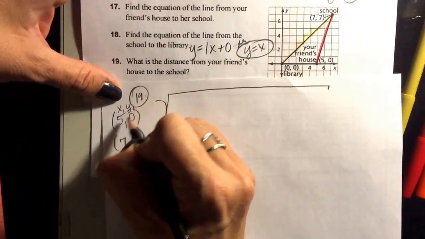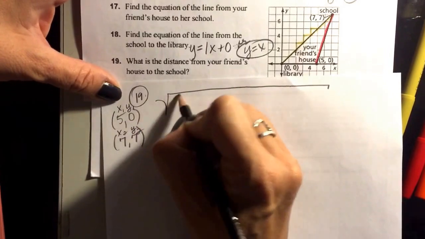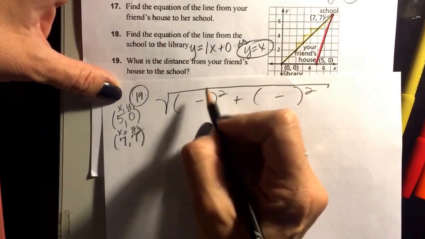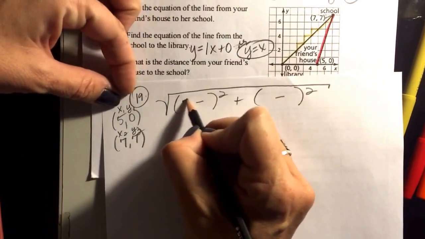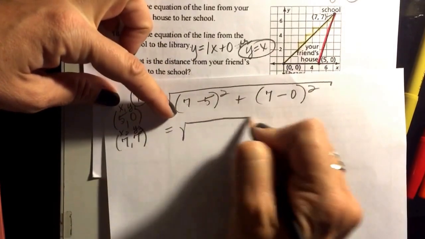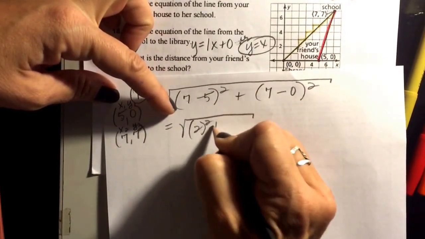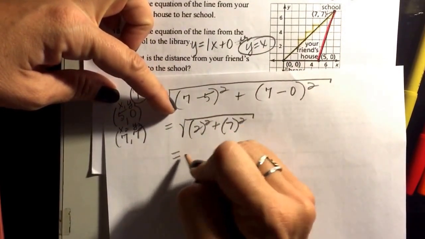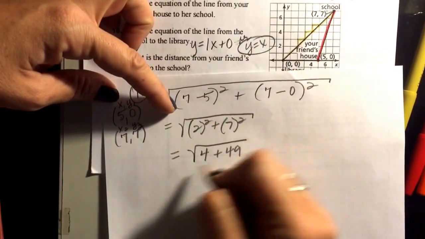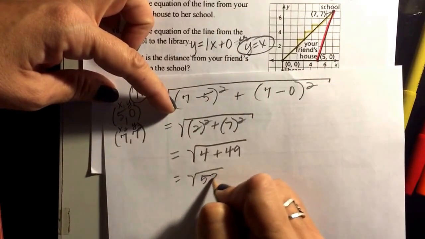So x1, y1, x2, y2. I'm going to set up my distance formula naked and plug the numbers in. Difference in x is 7 minus 5, 7 minus 0. That's going to give me 2 squared plus 7 squared. That's going to give me, and I'm putting the radical sign over both, 4 plus 49 under the radical, and that's the square root of 53.